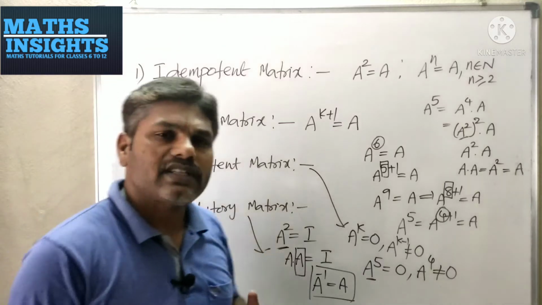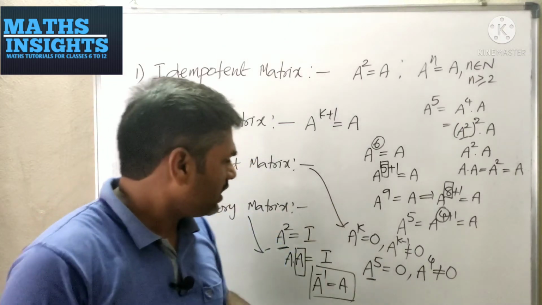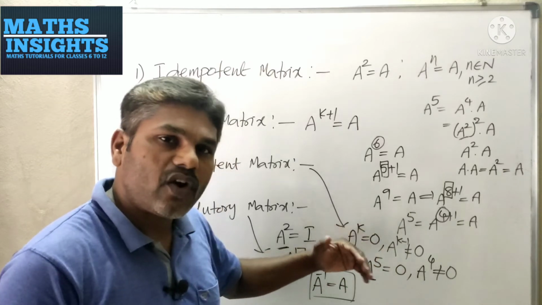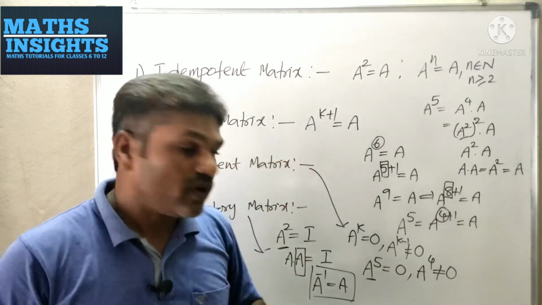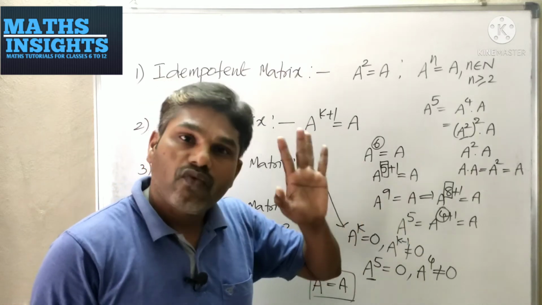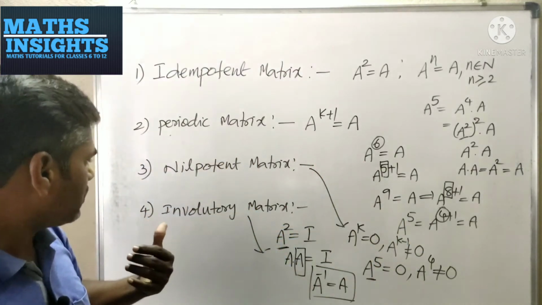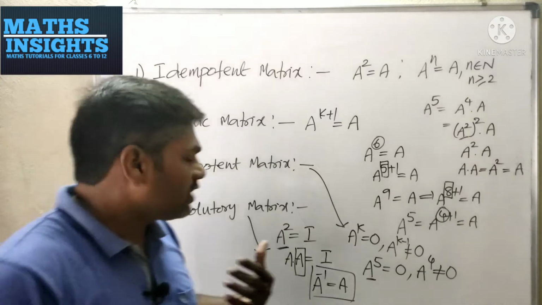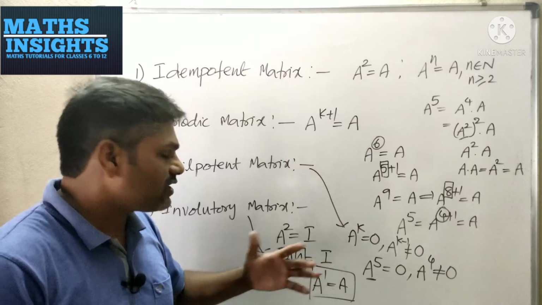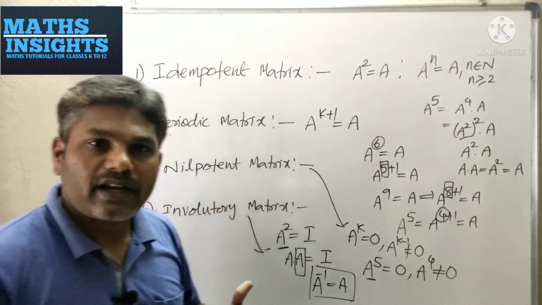The name itself says null. Nil means null. If A power k is equal to O, then k is said to be order of the matrix. And also the important one is A power k minus 1 should not be equal to O. Fourth one is involutory matrix. If A square is equal to I, then A is said to be involutory matrix.